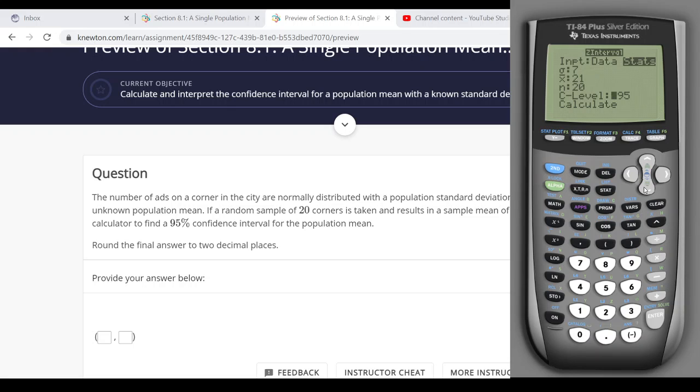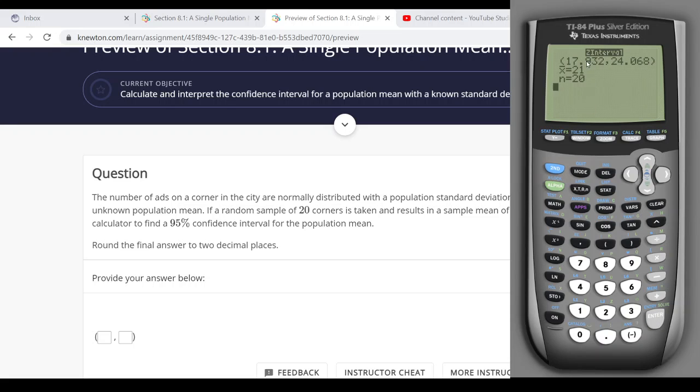And then what's the C level? That's the confidence level, which is 95% here. Again, 0.95. Now it's already entered 0.95. But if they want 98%, you put in 0.98 and so on, right? You'd have to change this. But right now I don't need to change it. It's already 95%, 0.95. But make sure you enter it as a decimal. And then calculate, and there you go.